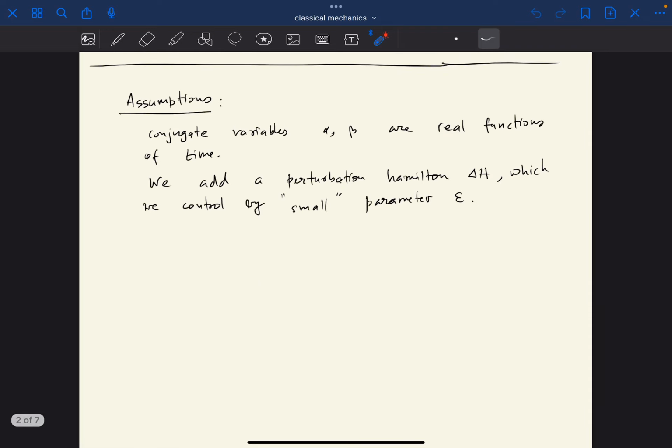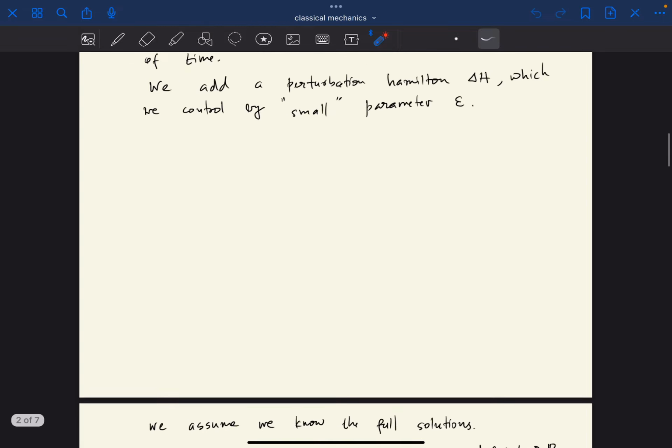And also in the Hamiltonian, which is analytically solvable, we add to it a perturbation Hamiltonian which is controlled by a small parameter epsilon, and when we find equations of motion on both sides, we match the order of epsilon to get our desired result.